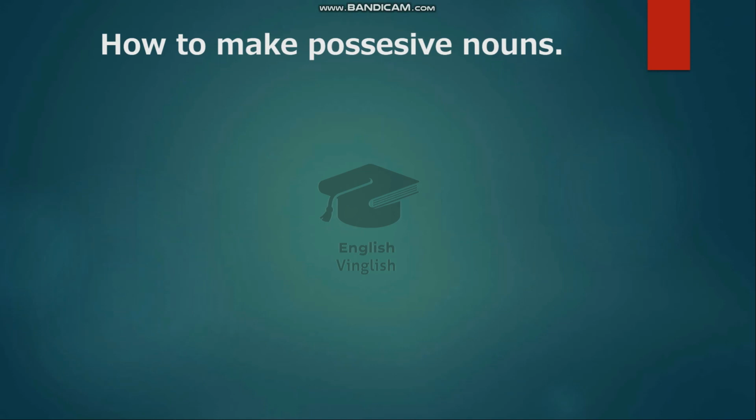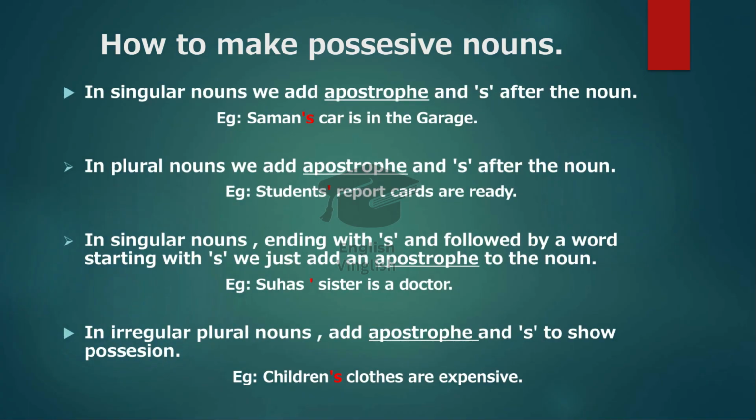Under characteristics of a noun, we have learned the possessive form of a noun, which is used to show ownership. Now let's see how we can make a noun into its possessive form. If you follow the given rules, it is easy to convert a noun to its possessive form.